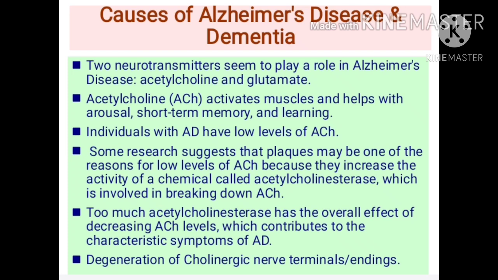You know that these cholinergic nerve terminals are mainly concerned with the production of what? Acetylcholine. They pass nerve impulses through the agency of acetylcholine. When there is destruction or considerable damage to these cholinergic nerve terminals, a considerable reduction in the acetylcholine can be seen, which will ultimately lead to a disease called Alzheimer's disease or a disease called dementia.